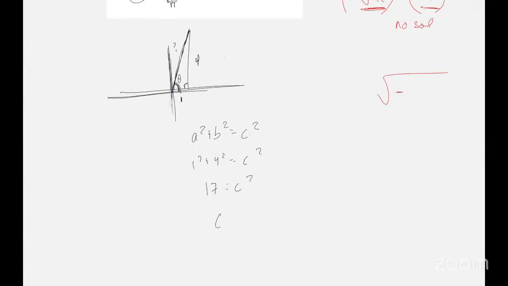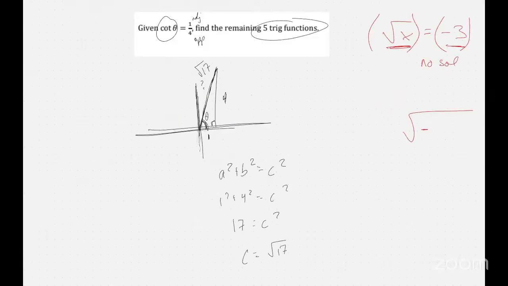So now you can find all the other 5 trig functions. The sine of that angle is going to be the opposite over hypotenuse, which they might want you to rationalize. So you would make it 4 root 17 over 17. They may or may not want you to do that, right? What would the cosine be? Is it 4 over, wait, no, 1 over the square root of 17?